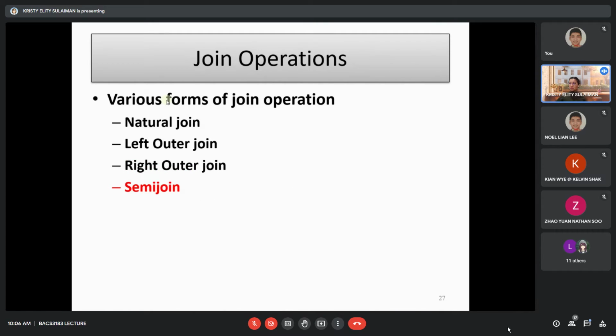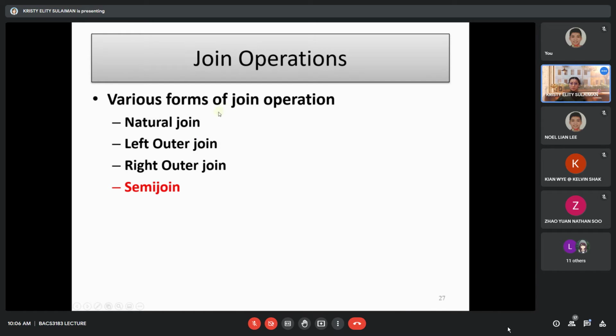So this is how we use it in SQL. Now we look at the join operation. Today we look at natural join. We have various forms of join operation. This is a little bit of an overview of the join operation. The join operation combines two relations to form a new relation, and it is one of the essential operations in relational algebra.